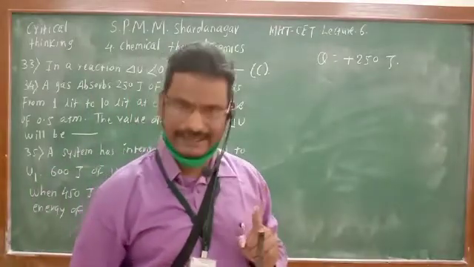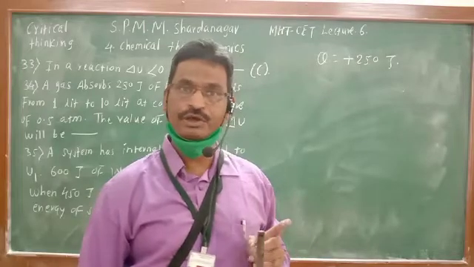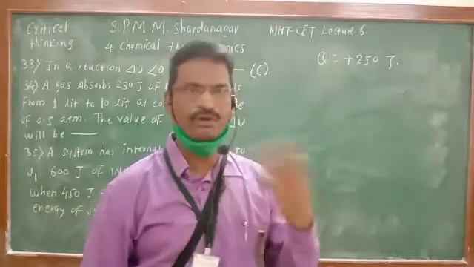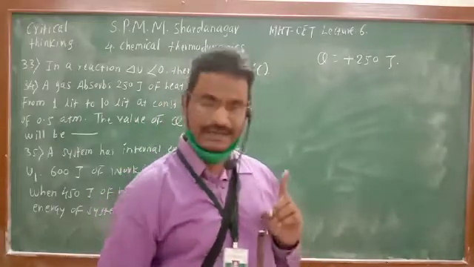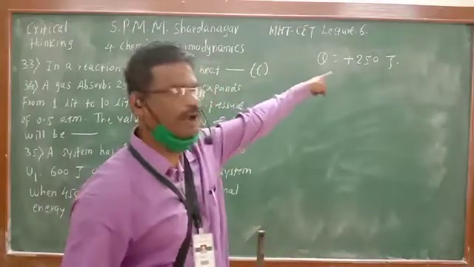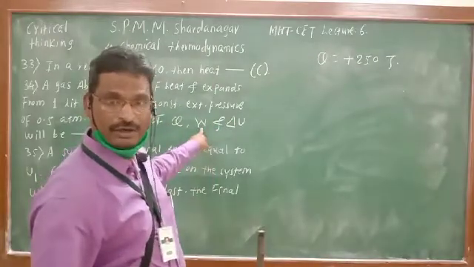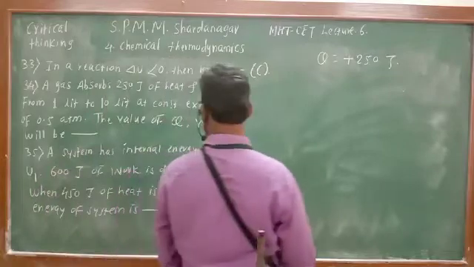But in C and D, they have given Q minus 250. Therefore, C and D are out of consideration. Either A or B is correct. In A as well as B, Q is given correct as 250 joule. But what about W?